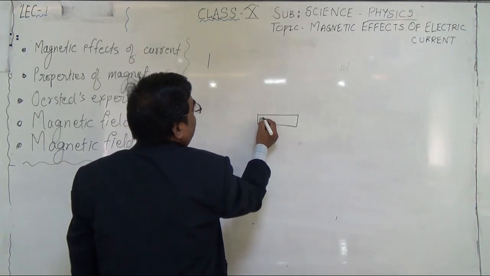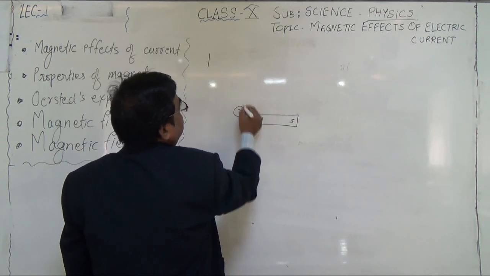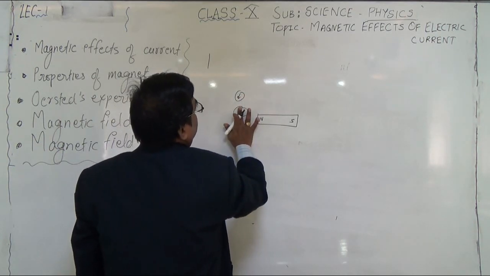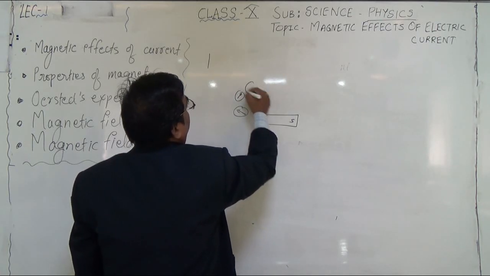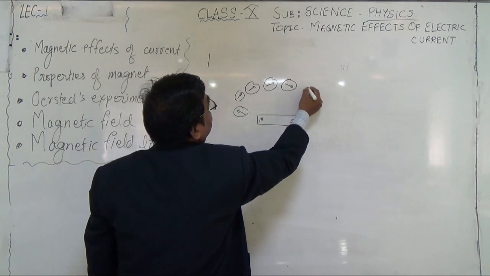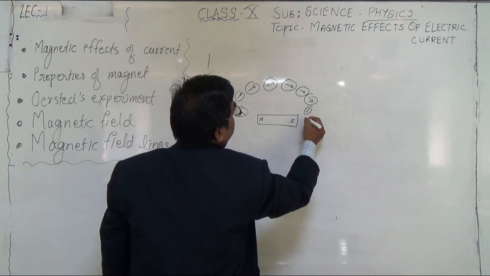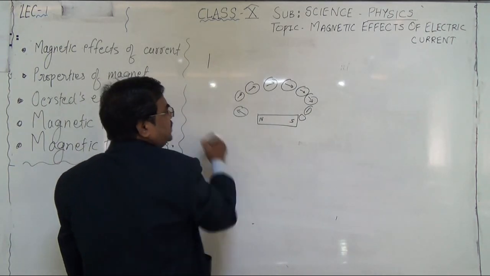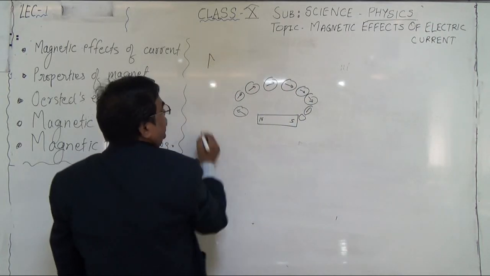This is the bar magnet, north and south. Here if I bring the compass, the direction is like this. This region will be called magnetic field.